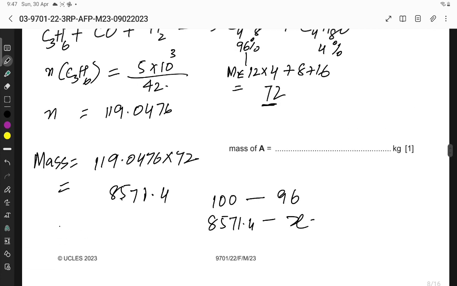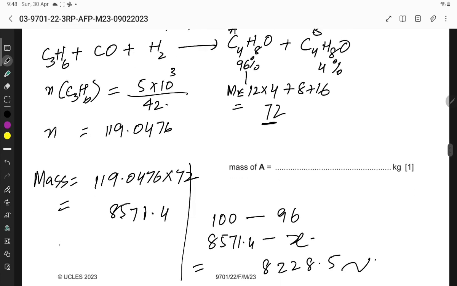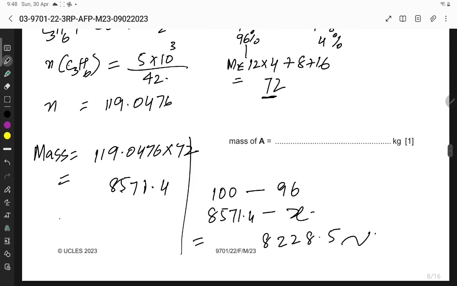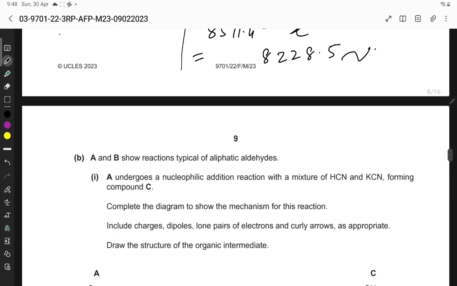This is equal to 8228.5. So it is approximately equal to 8230 kg.